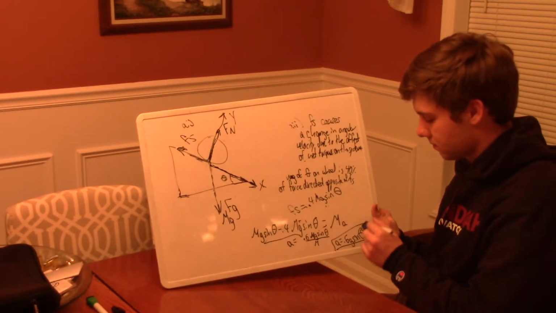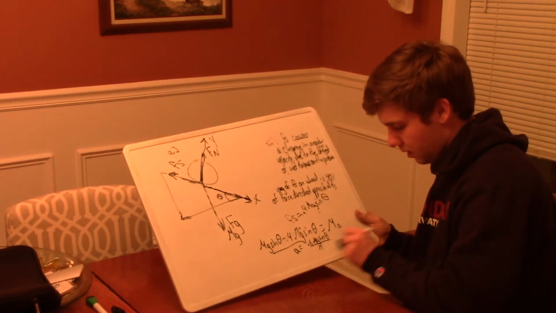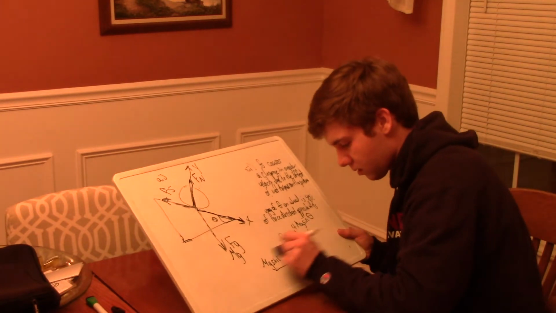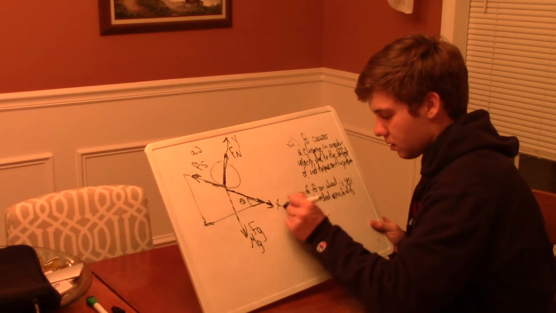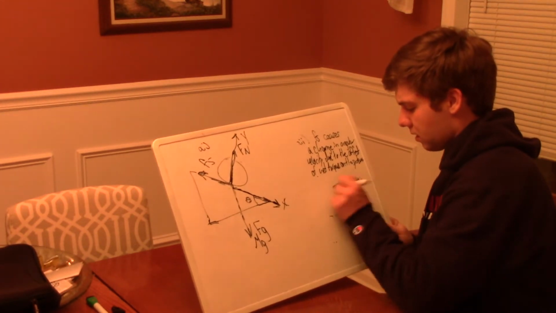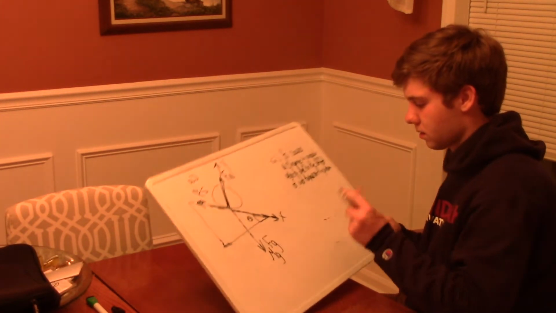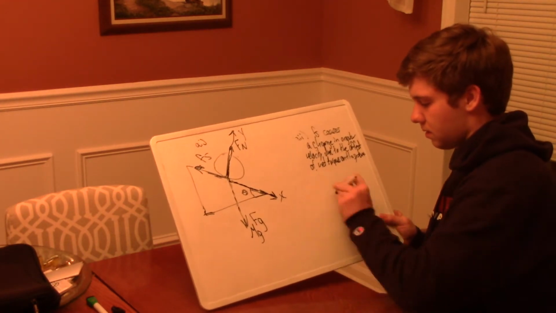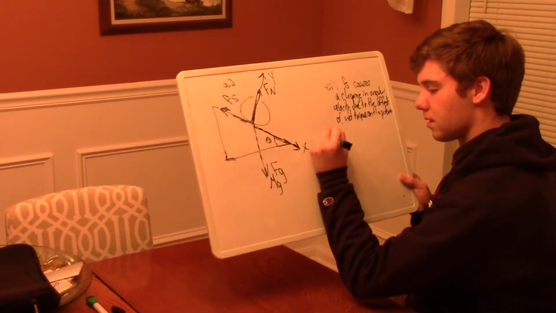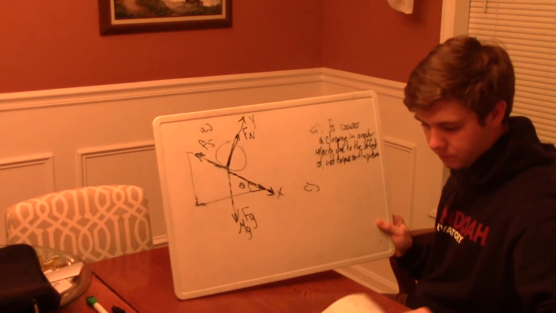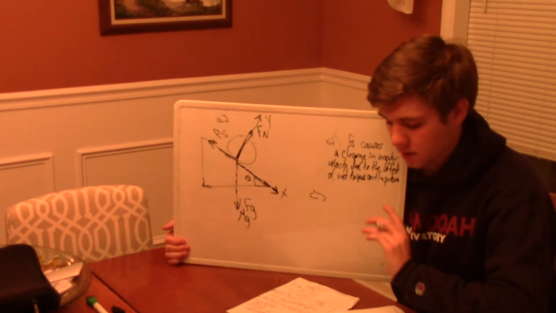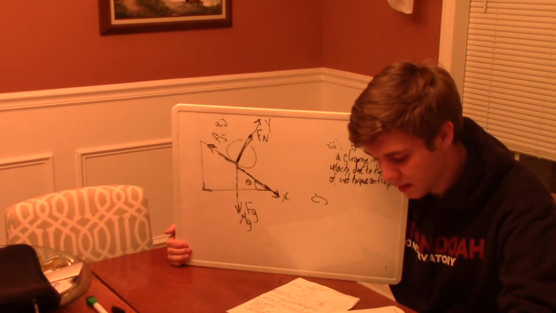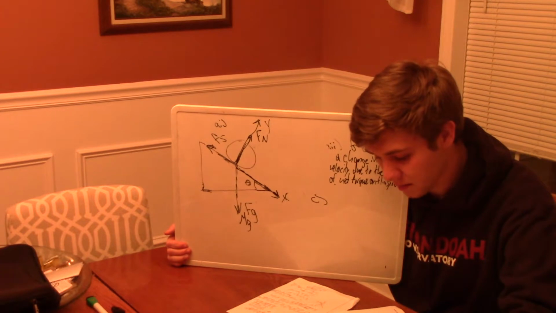So, we're going to erase this here, and we're going to look at section C. So then C is, in a second experiment on the same ramp, a block of ice, also with mass m, is released from rest at the same instant the wheel is released from rest and from the same height.